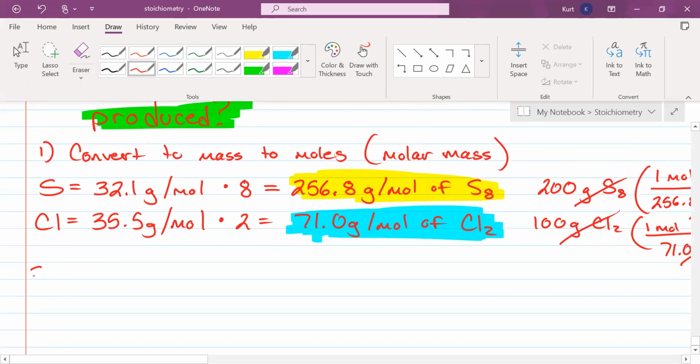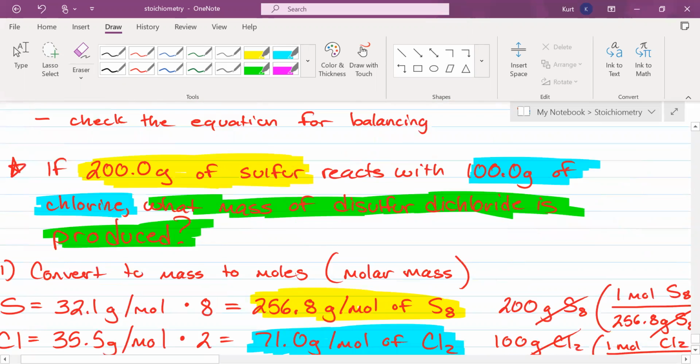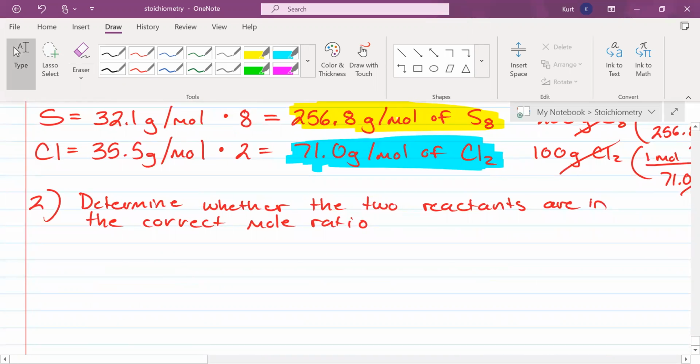Now, step 2. Use mole ratios. Find the mole ratio. How many moles of sulfur were there?